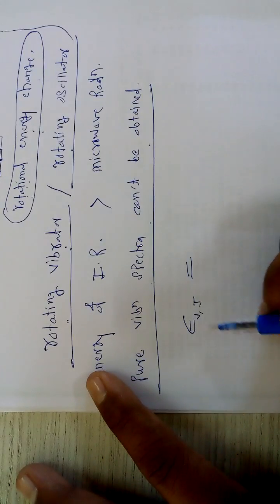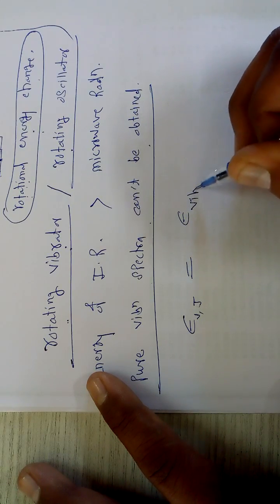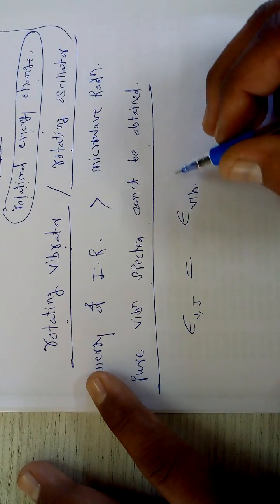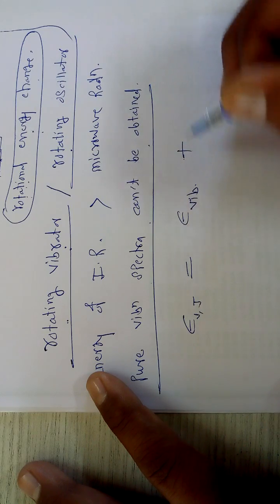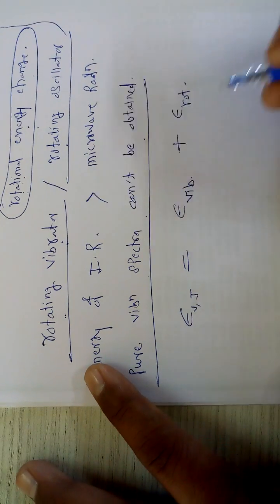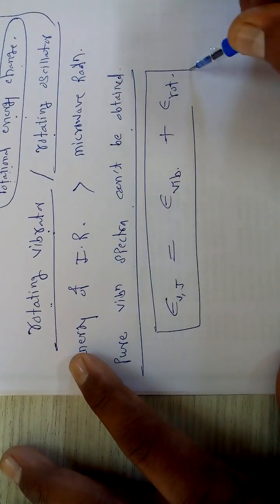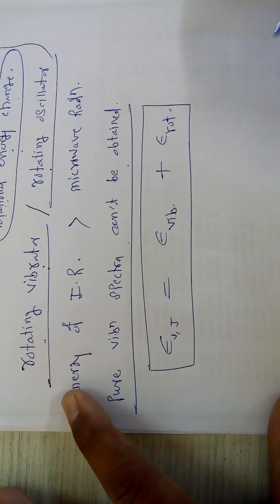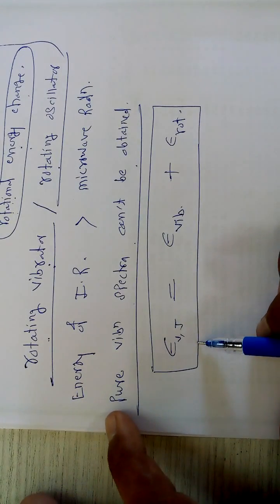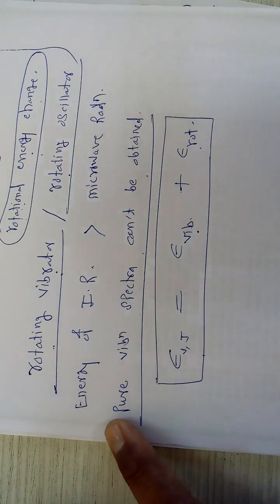So this energy is a combination of vibrational energy plus rotational energy. That is, the total energy of a rotating vibrator is a combination of its vibrational energy as well as its rotational energy.